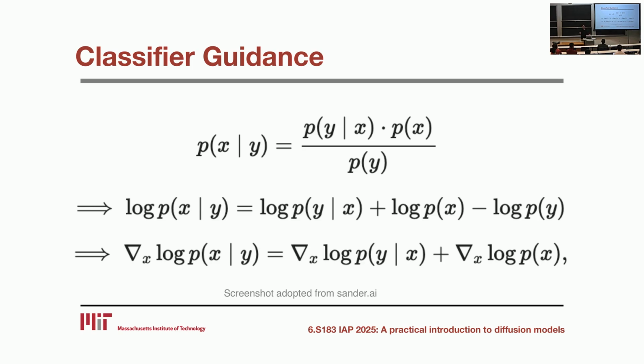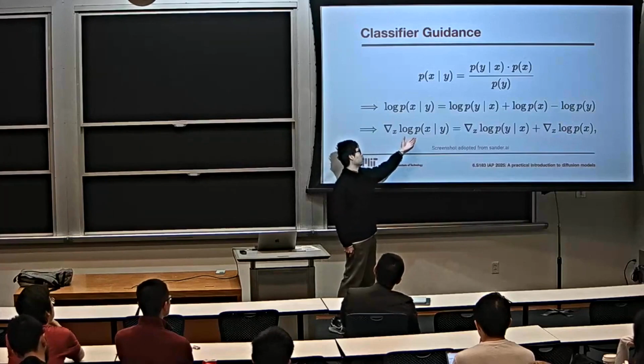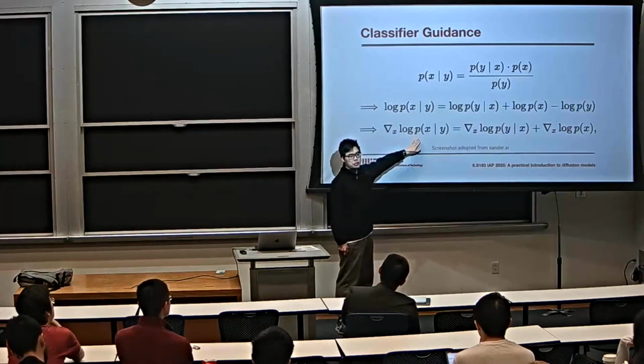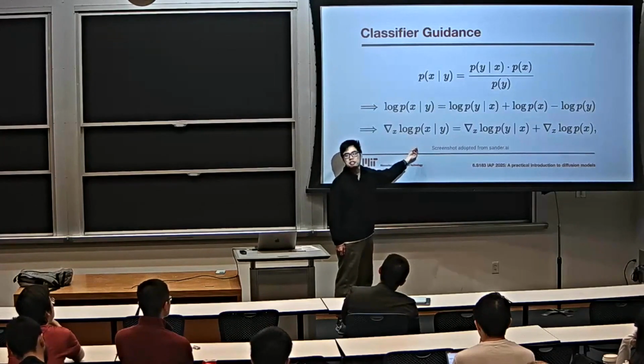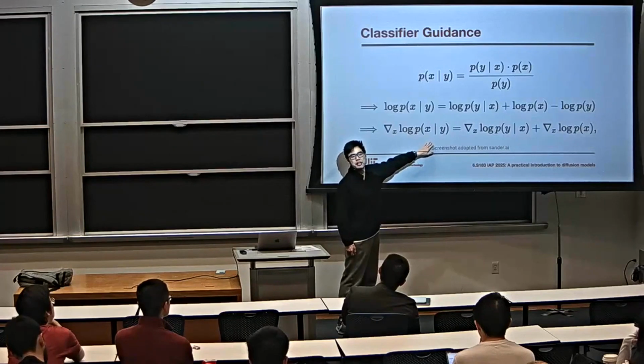And then you just take the log on both sides of the equation. On the left-hand side, you have log P(x | y). On the right-hand side, you also expand this term out. And then you take the gradient with respect to x on both sides. What will happen is that you can see this is a term we try to approximate with our neural network. This is the desired sampling distribution, the conditional one, right?